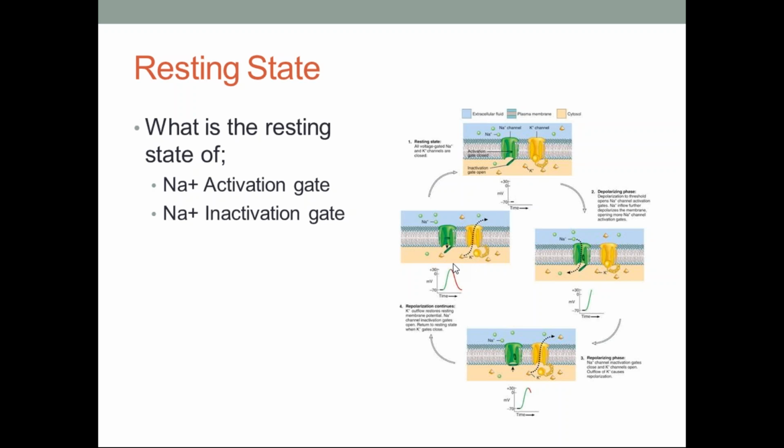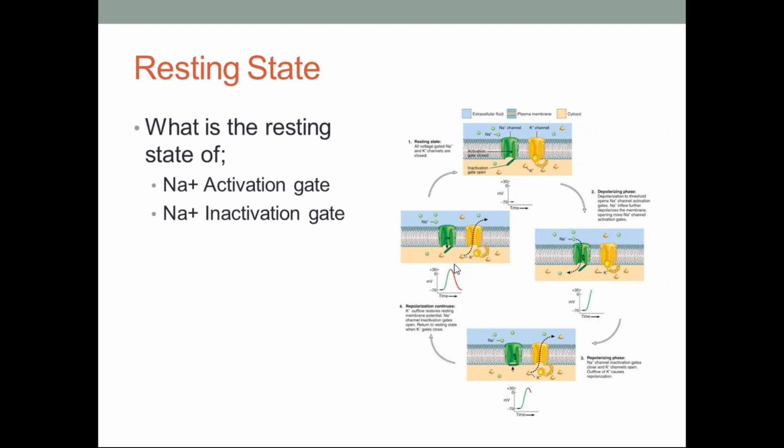But I also gave you a full sheet with it. One side was the resting membrane potential, and what was open and closed in the membrane to create the resting membrane potential, and on the back was this picture.